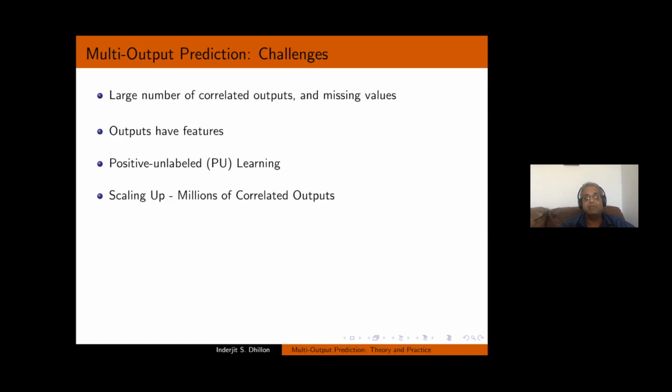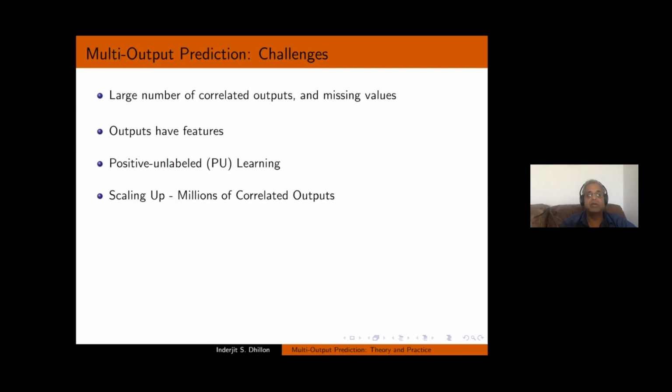Many times you only have positive labels associated with the data, and this kind of problem has been called positive unlabeled learning. So let me spend the first half of the talk talking about these three challenges and how to try and overcome them.